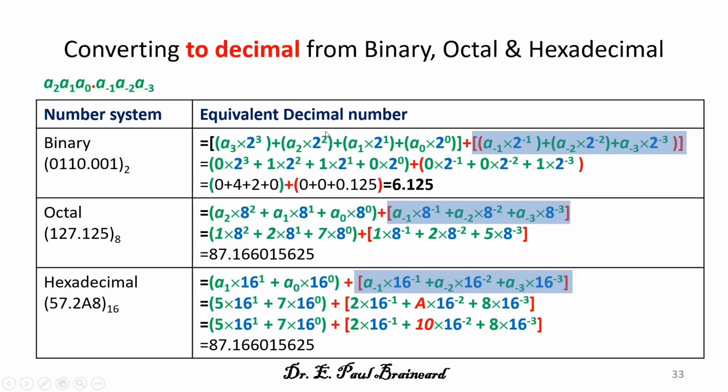The coefficients for the integer part, they are A3 equal to 0, A2 equal to 1, A1 equal to 1, A0 equal to 0. Or you can write the other way, A0, A1, A2, A3, A minus 1, A minus 2, A minus 3.